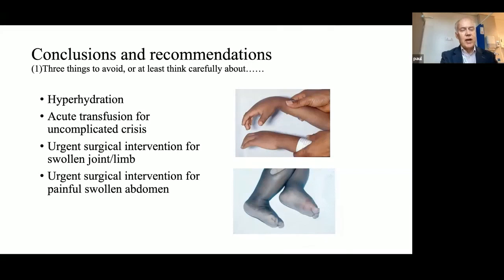There is also a tendency to transfuse for any acute complication, and this is not necessary and can also provoke transfusion-related problems like alloimmunization and other transfusion reactions. So for a simple acute pain crisis, for instance, even if the hemoglobin level is slightly lower than the steady state, I would not advise routine blood transfusion.